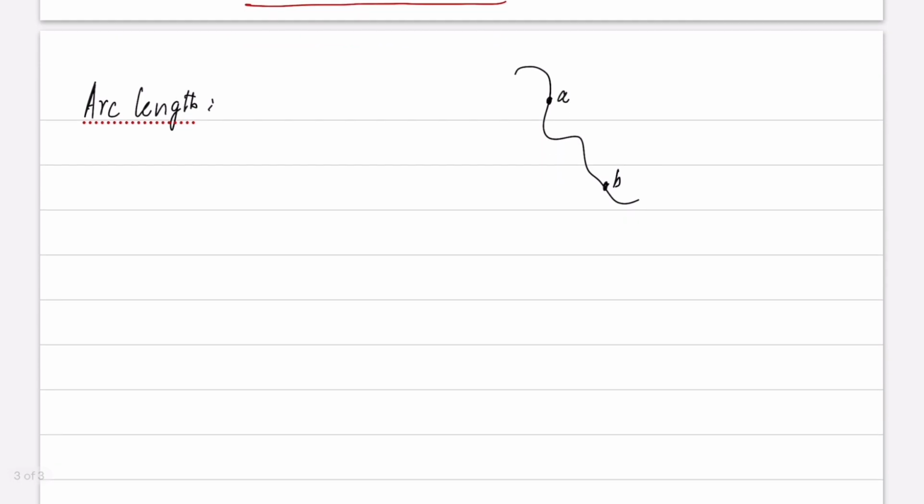Now here we provide the formula for evaluating the arc length of a space curve, and we can use a similar formula for a curve in the plane as well. So let r of t be equal to x of t, y of t, z of t. Suppose this is our space curve, and if the curve happens to be a plane curve, then we will not have the z coordinate.